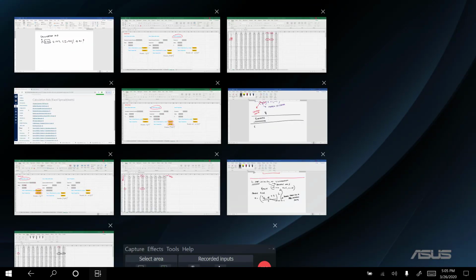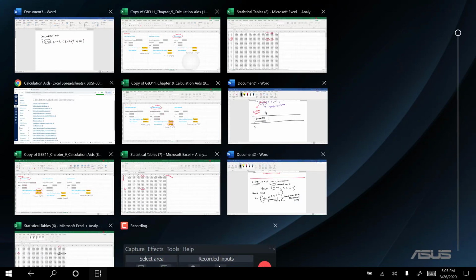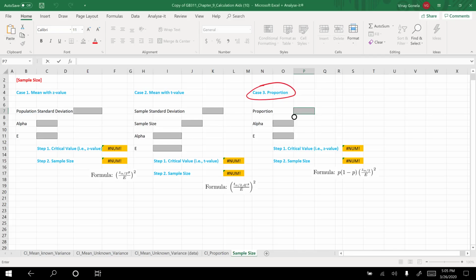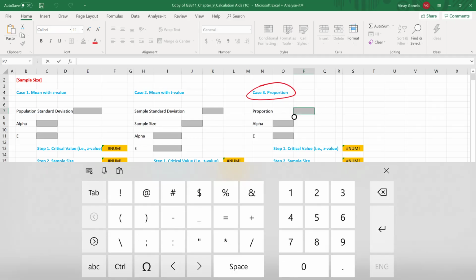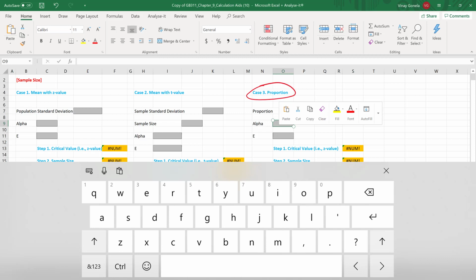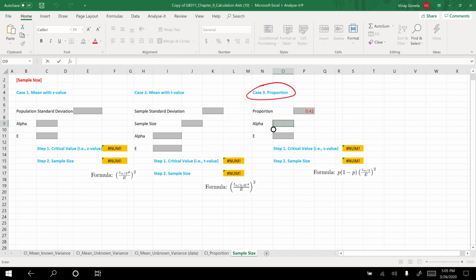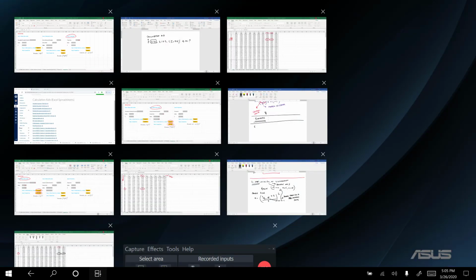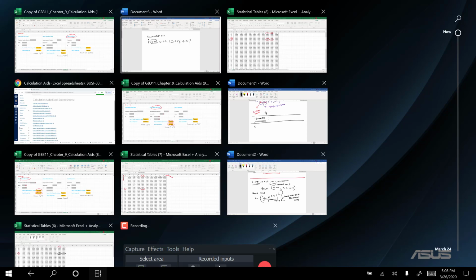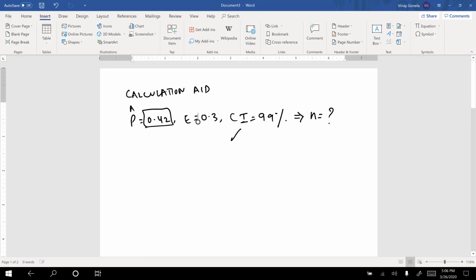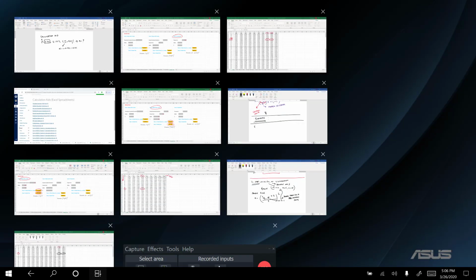That is the sample proportion, so I will type in 0.42 here, and then alpha. They gave us a 99% confidence interval, so alpha will be 1 minus 0.99, which is 0.01. So alpha would be 0.01.